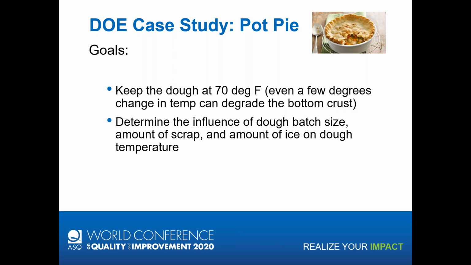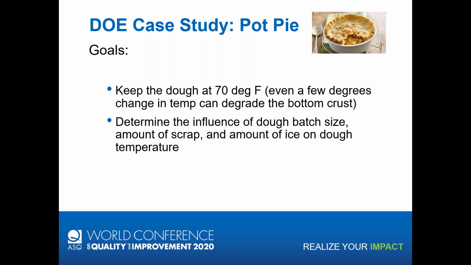And this is a manufacturer of pot pies who is mass producing these and then freezing them, and then they go into the grocery store freezer, and you pull them out and pop them into your oven and finish baking them. So they want to get a good crust. The dough crust is the objective, to really get a good consistent crust.